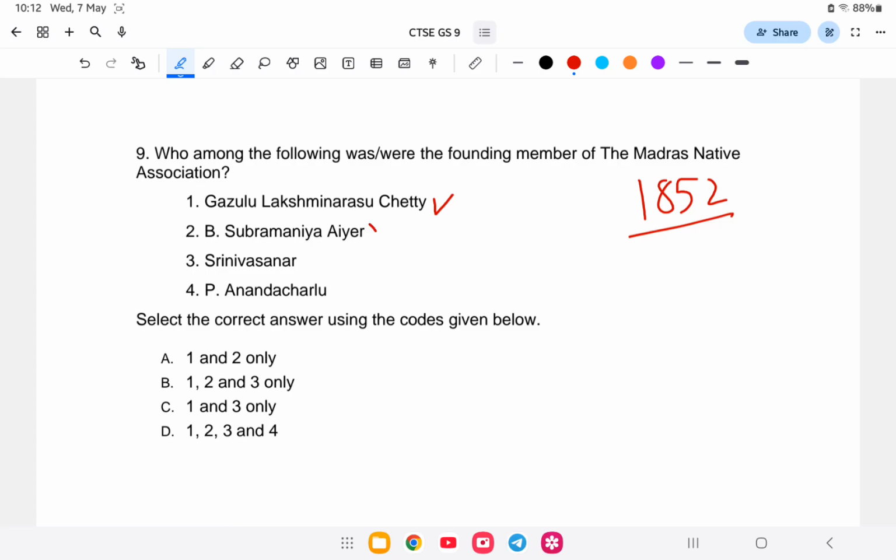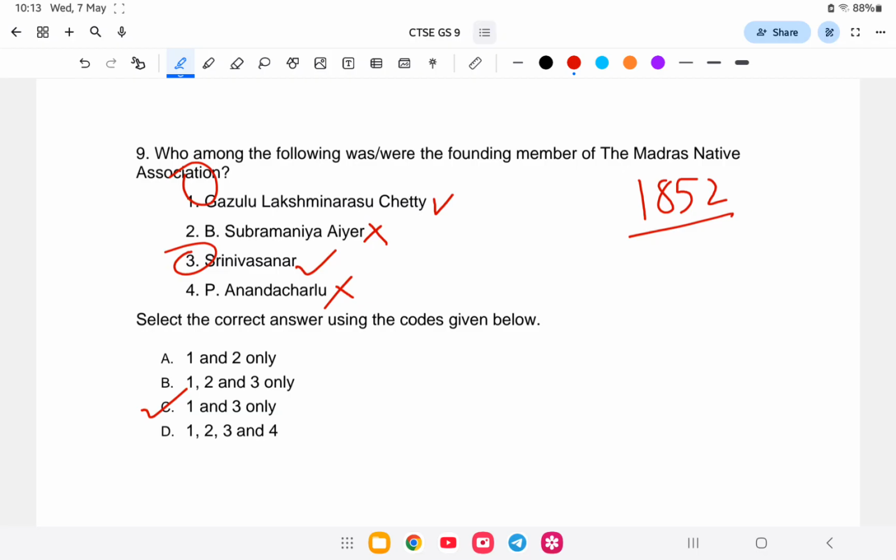B, Subramania Iyer. Srinivasar is there. Ananda Charlu is not there. So it is 1 and 3. So the answer is what? Option number C, that is G.L. Chetty and Srinivasar is the correct answer.